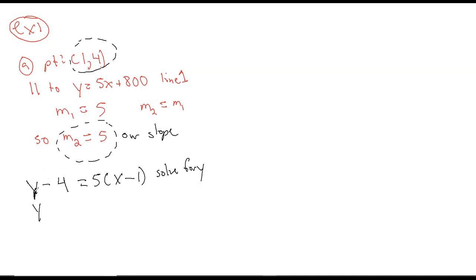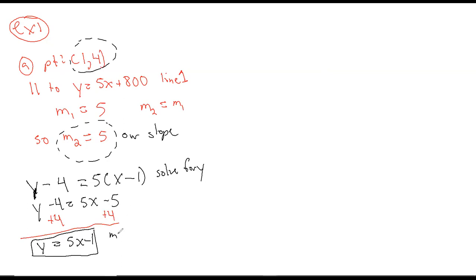Y minus 4 equals 5x minus 5. We're then going to add 4 to both sides, which is going to give us y equals 5x minus 1. And that is our equation in slope-intercept form. So the slope is still 5, the b is negative 1, so the y-intercept is negative 1.